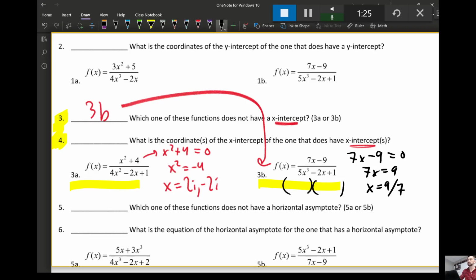But the good thing is if you imagine plugging in 9/7 here and here, all you have to see is that it doesn't go to 0. So even though I don't know what numbers make the denominator 0, I know 9/7 doesn't. So it makes just the numerator 0, so that would be an x-intercept.